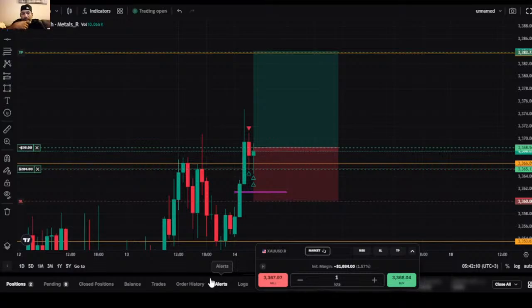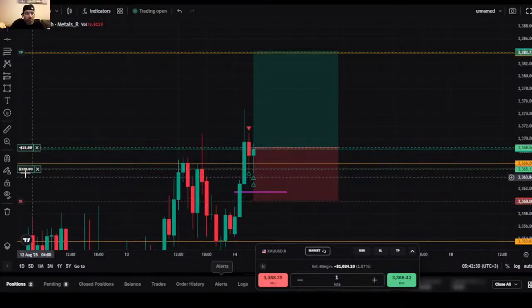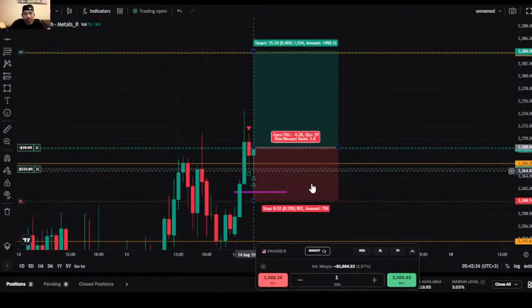Well, this candle has about 18 minutes left to closure. It is up 32 pips, the pineapple entry.